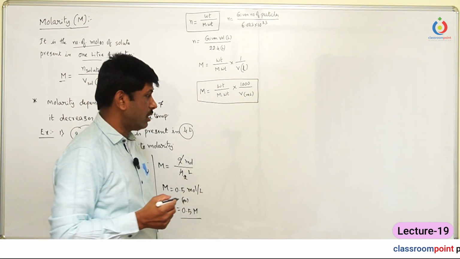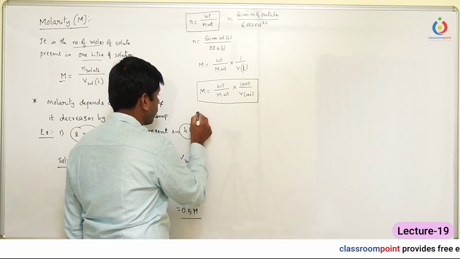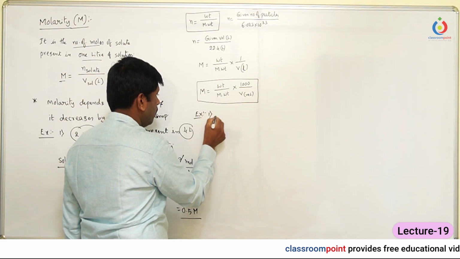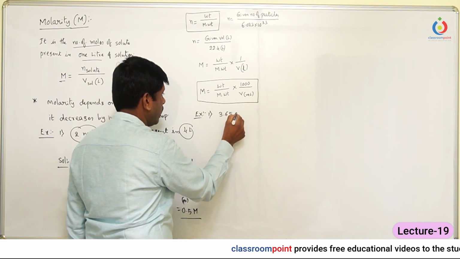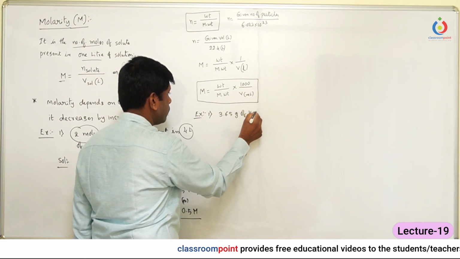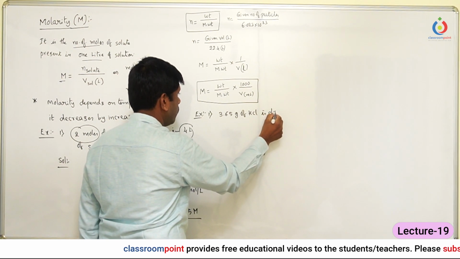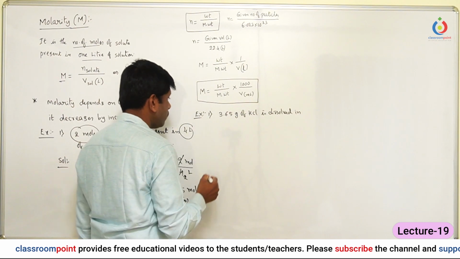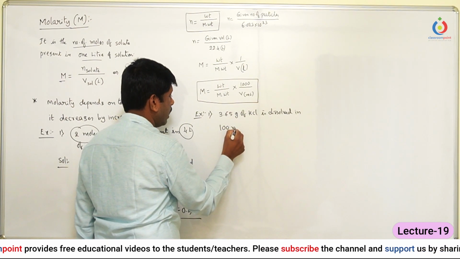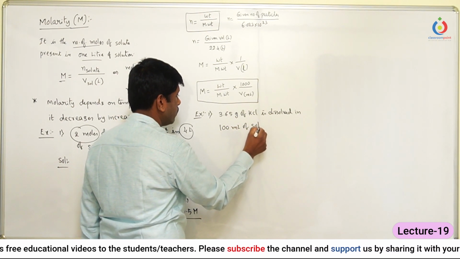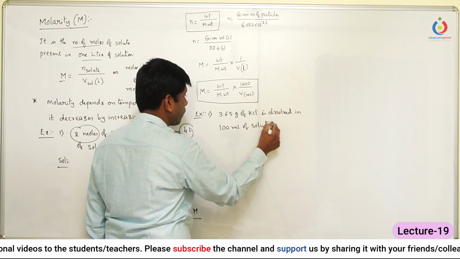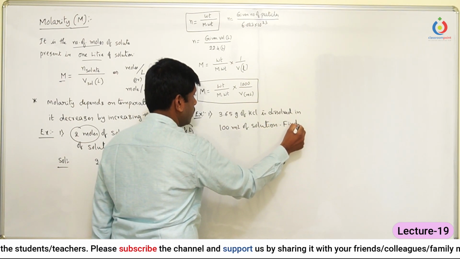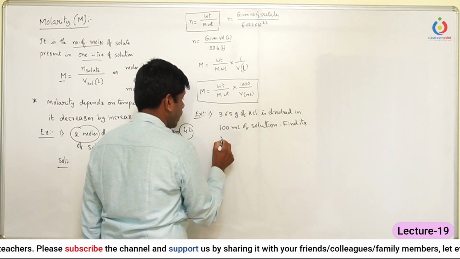Let us have some examples about this. Example, 3.65 grams of HCl is dissolved in 100 ml of solution. Find its molarity.